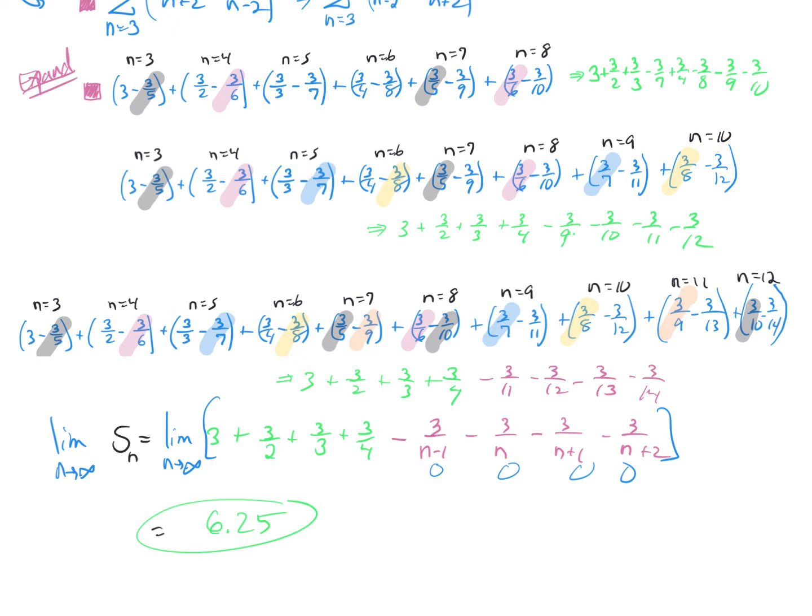And the lesson to be learned from this telescoping series problem: don't expect to always be able to discern the pattern from just a couple of terms. You might have to expand a bunch before you can confidently deduce what's being crossed off and what the pattern is.